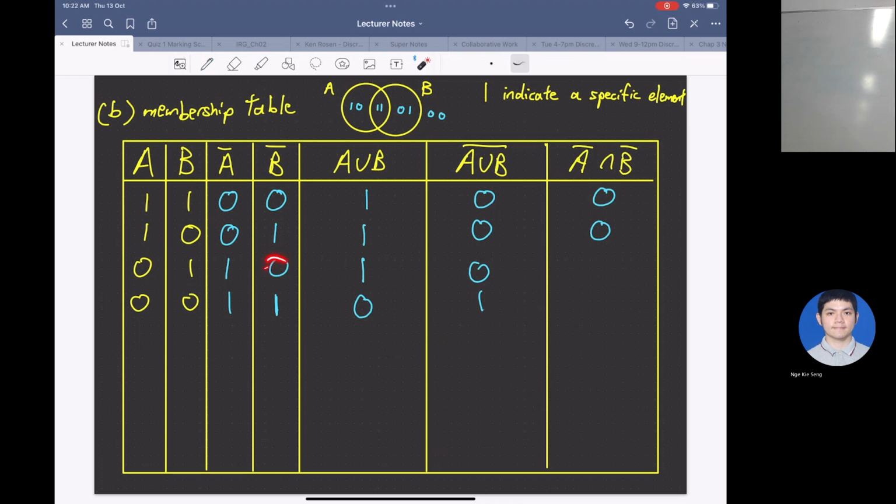Similarly for this one. If it is in both complements, then it is in the intersection. So they will have the same membership table. So this method also works, but I would prefer the set inclusion method. So you must learn the set inclusion method.